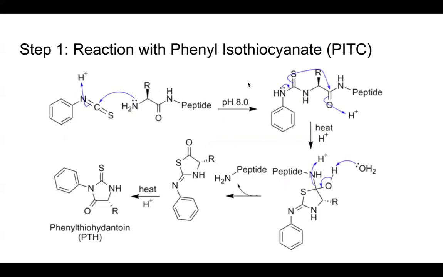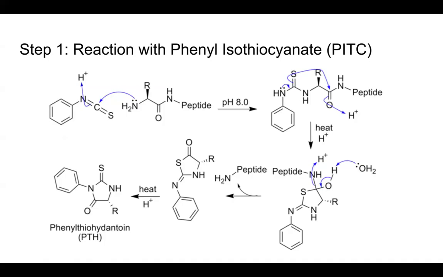So we will now be discussing the different steps in Edman degradation. The first step begins by treating the peptide with a chemical called phenyl isothiocyanate or PITC. And you have to do this under alkaline conditions. So the pH, as you can see from the illustration, is 8.